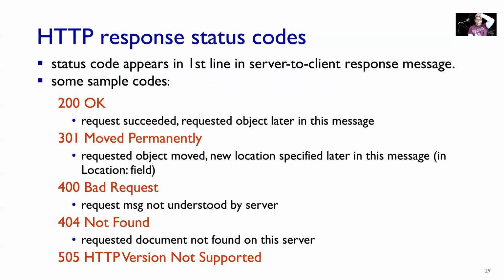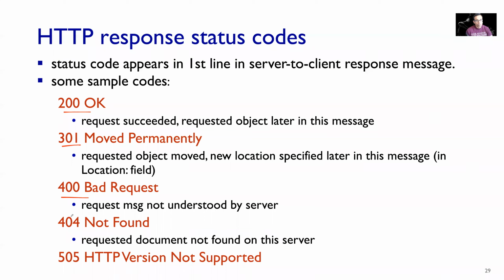So there's a bunch of response status codes out there. These are the most common ones. There's a lot more. So this is the most common one. These have to do with redirection. So all the 300 ones, which we'll look at briefly when we talk about CDNs. But this is a way to redirect your query to another server if it's not being hosted on that server where you requested the object from.